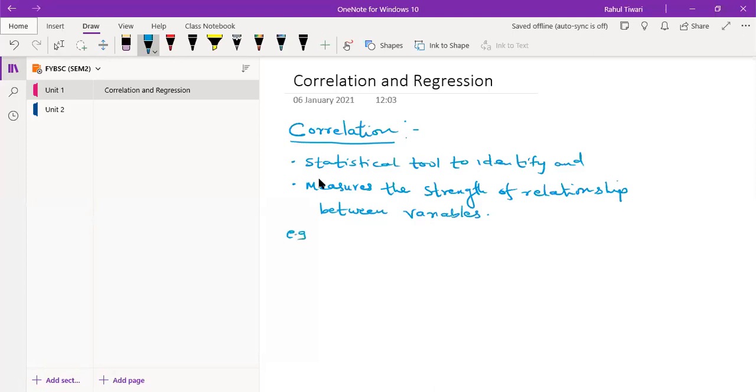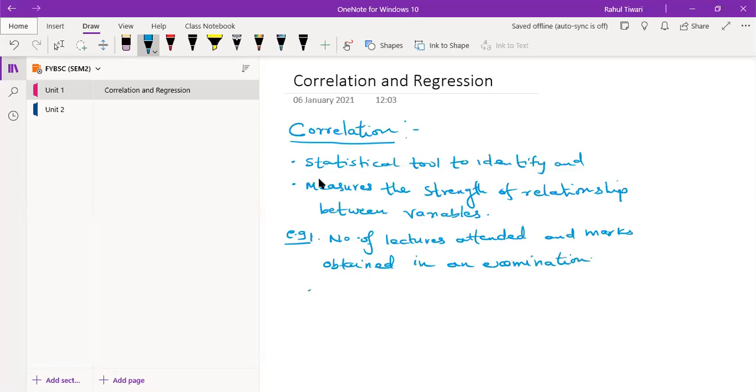For example, number of lectures attended and marks obtained in an examination. You can take several examples.